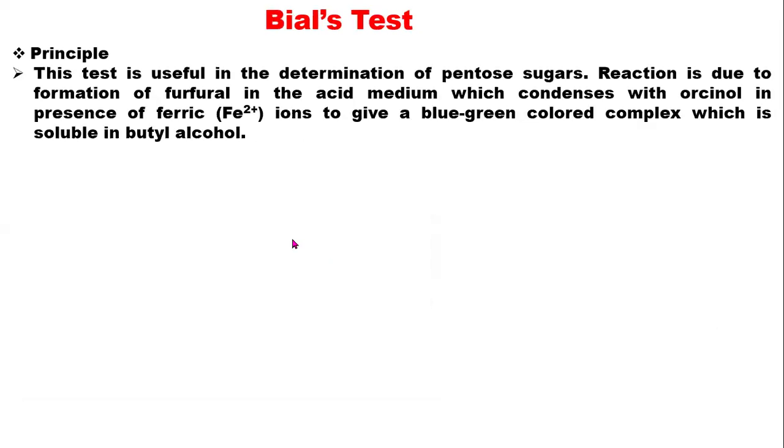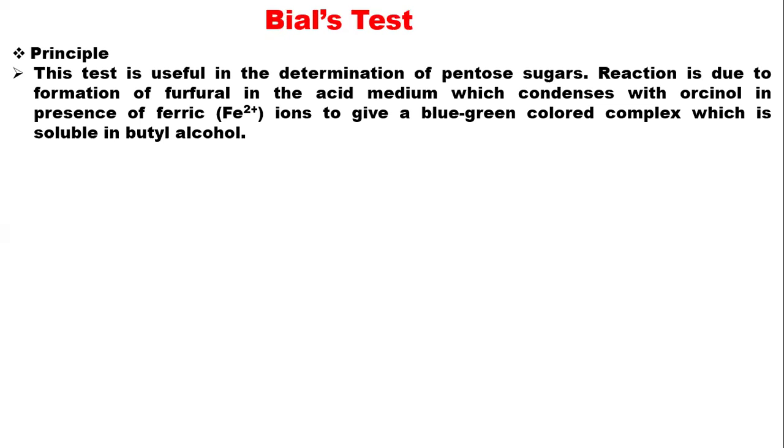So Bial's test is used in the determination of pentose sugar. It is also similar to the Molisch reaction. When pentoses are heated with concentrated hydrochloric acid, furfural is formed, which then condenses with orcinol in the presence of iron 3 ions, which are ferric ions, to give a blue-green complex.